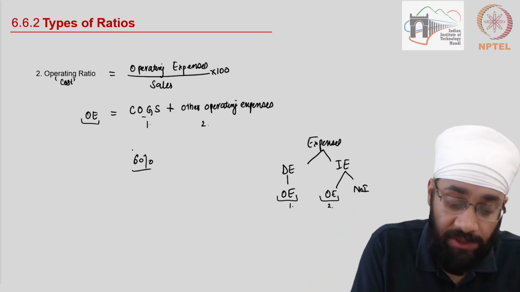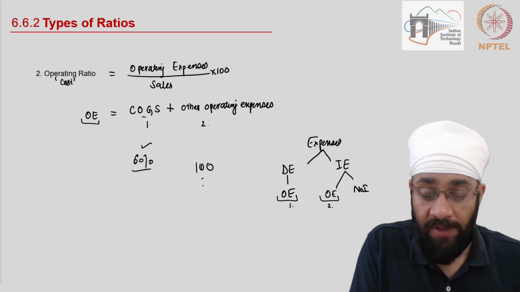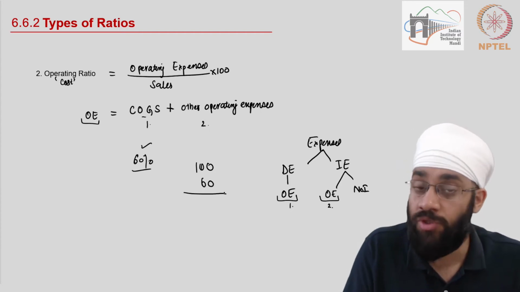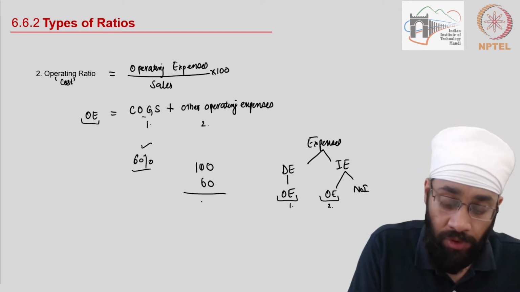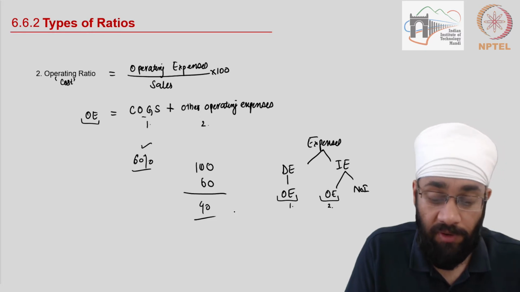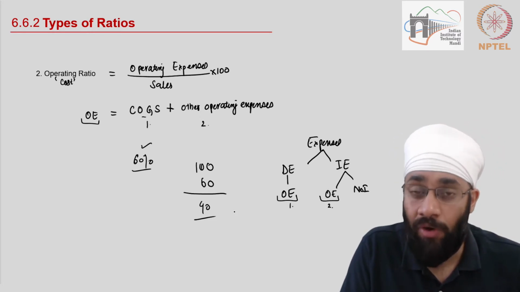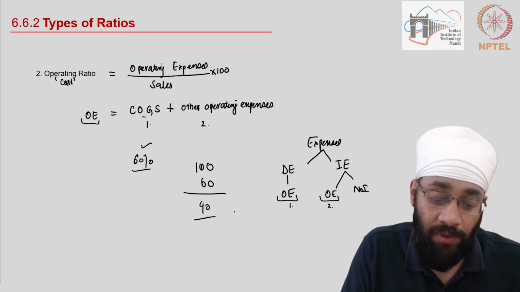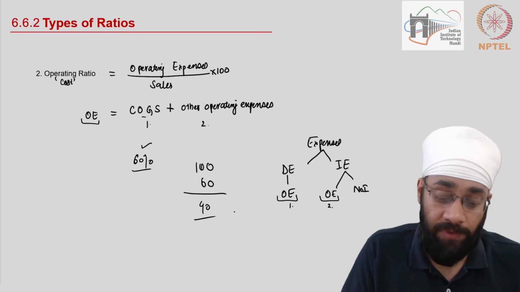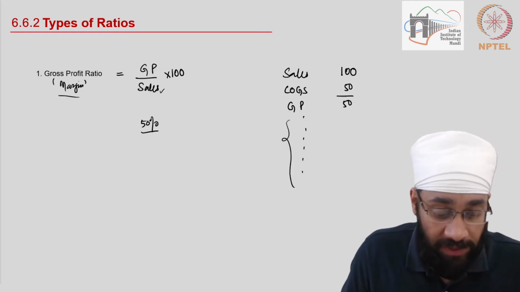So a 60% operating ratio means if 100 is your sales, then 60 rupees go into operations of the business, which are essential, which you have to do. So you are left with only 40 as the remaining profit. The idea here is to distinguish between operating and non-operating expenses, and look at how much operating expenses are contributing to the total cost of the business. All right, so that's the operating ratio.